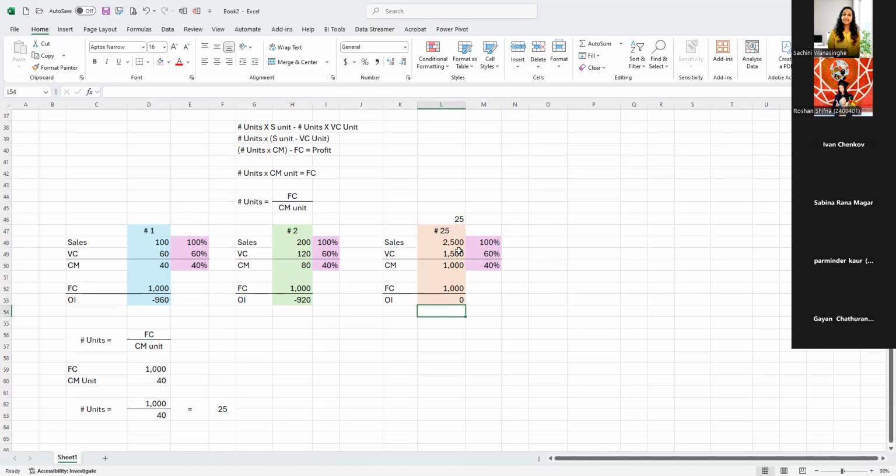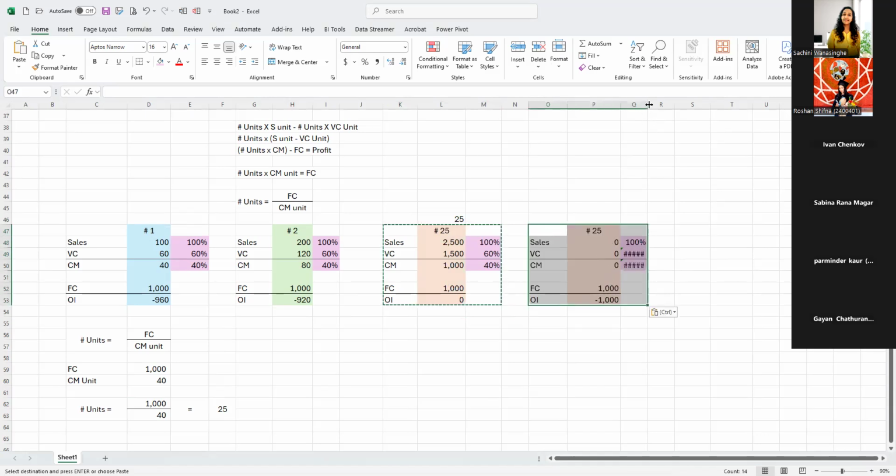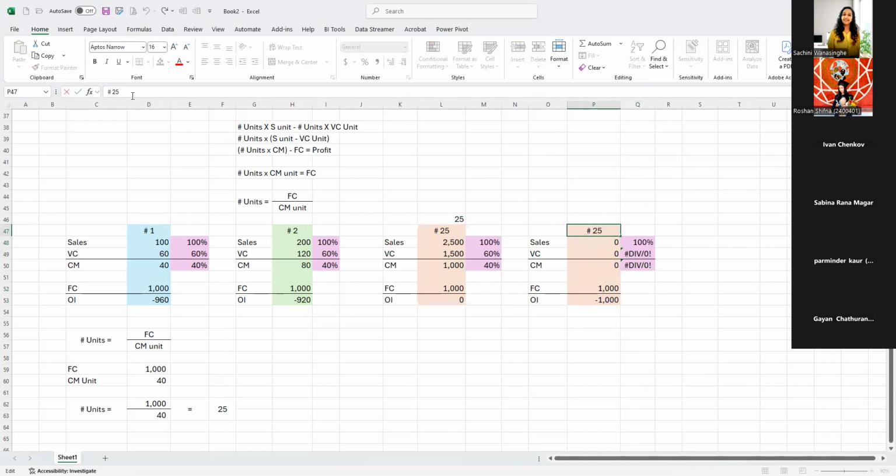Now the question is, if I sell one more unit, what's going to happen? Just one more unit. If I sell, let's say, 26 units, what's going to happen now? How much will be my sales? 100 times 26, 2,600. How much will be my variable cost? 60 times 26.